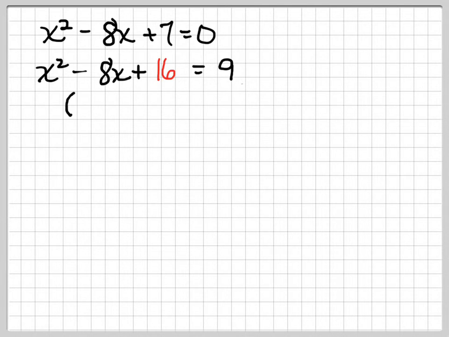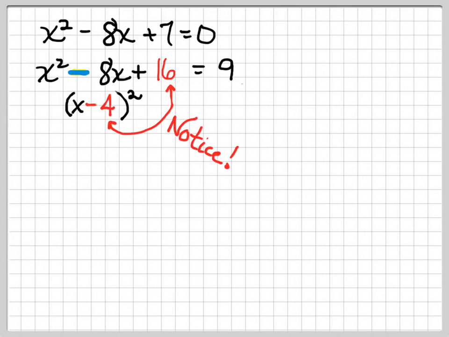Then you're going to rewrite it as the perfect square binomial, which is just the split of -8, which is -4. Notice that the square of -4 is 16.